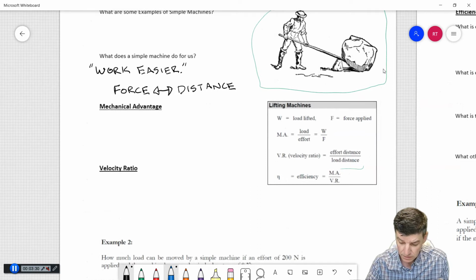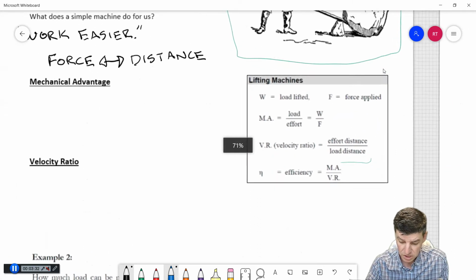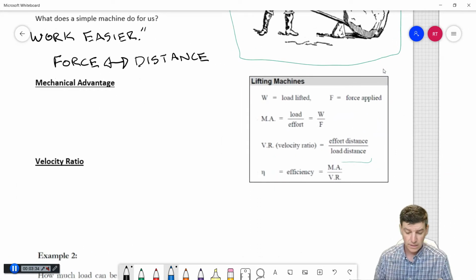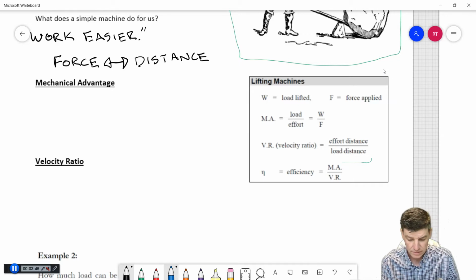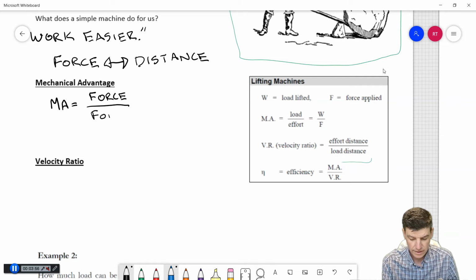When we talk about simple machines, we talk about a couple of terms. The first one would be mechanical advantage. Mechanical advantage is a measure of the forces in the machine. So when we have a mechanical advantage, what we have is a ratio of a force compared to a force.